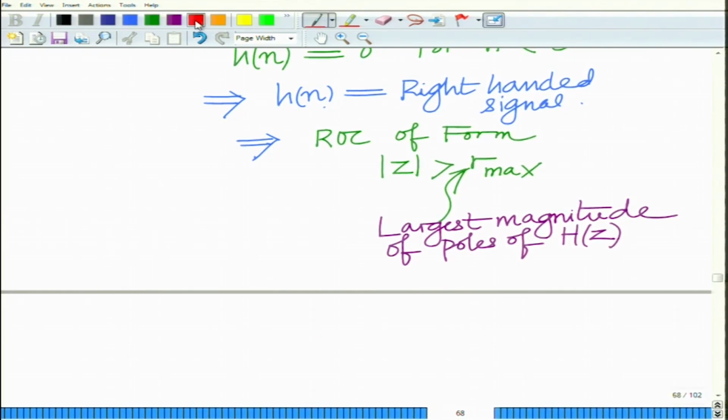So the ROC is of the form magnitude of z greater than R max.